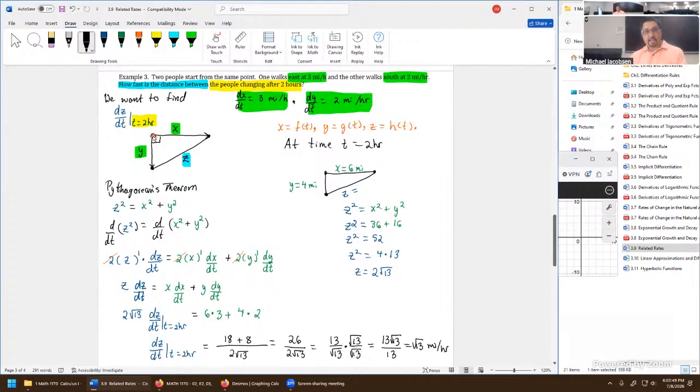Maybe they moved in a way that one person and the other had an angle measurement between them at, say, pi over 4 or maybe pi over 6, anything like that. If that happens, Pythagorean's theorem is off the table, and so we can extend this problem into using law of cosines and still solve it.